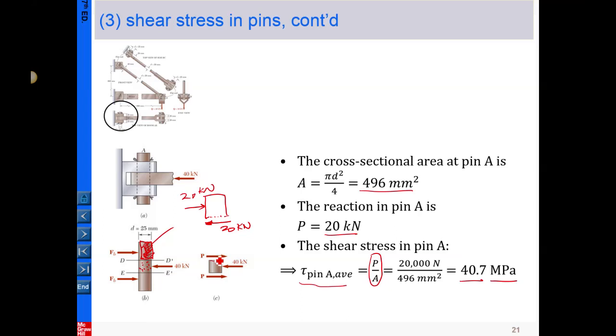If you pick this free body diagram, the shear stress must be in that direction. If you pick this one, it must be in that direction. It depends on which way you pick to illustrate the shear stress. Everything is consistent.